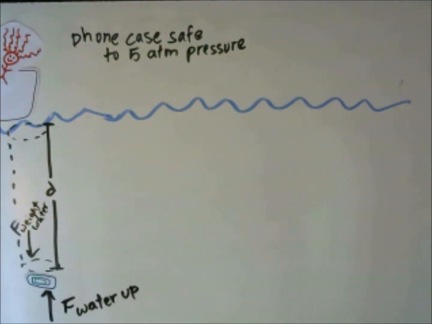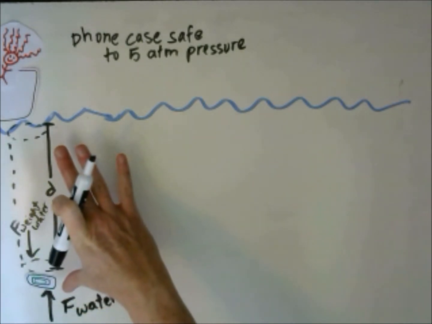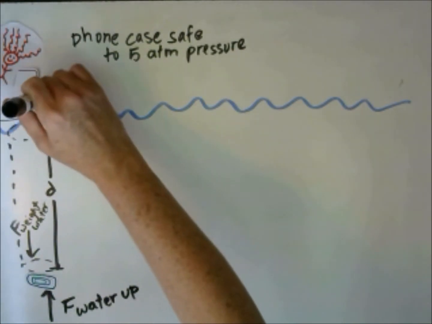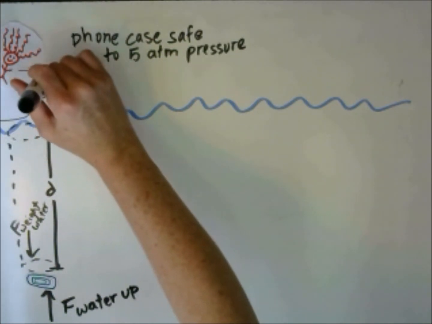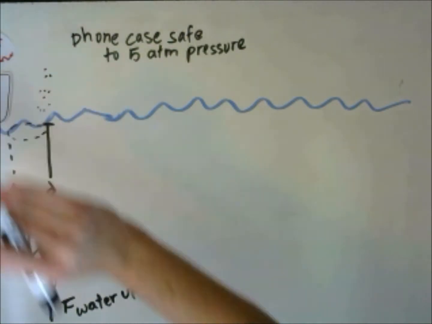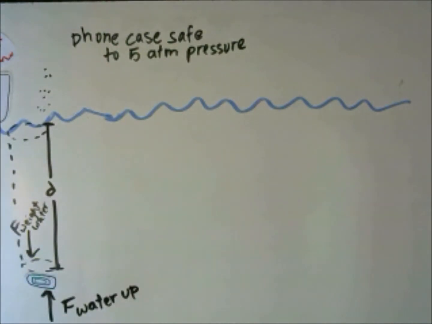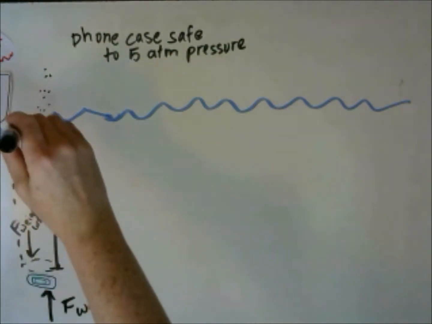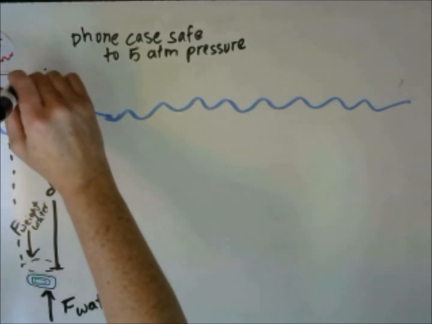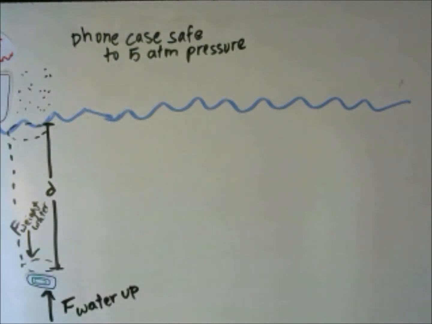We also have one more force, and that is something we don't always think about. But on top of this column of water, there is air molecules. We'll assume the boat is not above the phone to keep it a little bit simpler. But we do have the weight of the atmosphere pushing down on the phone as well.